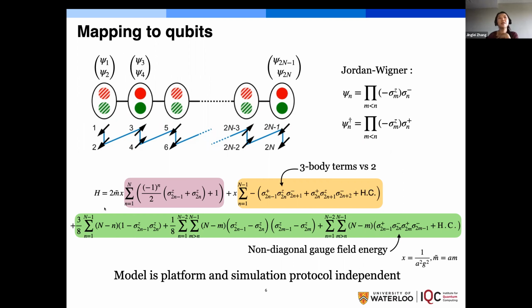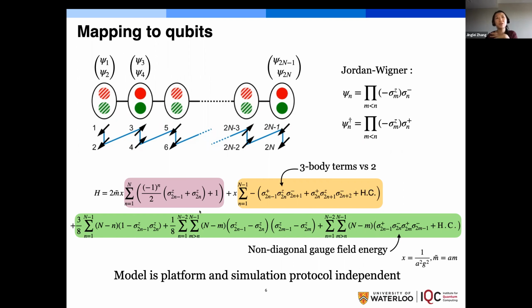Okay, so here is the final Hamiltonian that we obtain, and I've used the same color coding as before. So you can see here that I have a term that describes the energy given by the mass of the fermion. Here I have a kinetic term that describes the interaction, and here I have a green term that corresponds to the energy associated with the gauge fields.